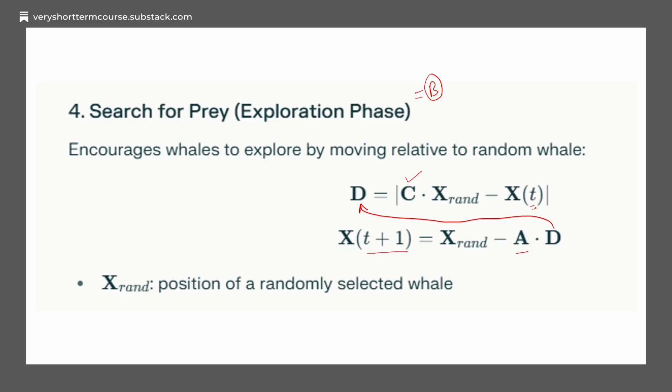And remember, this C and this A are the same C and A as in the encircling phase. Of course, at each iteration, new values of C and A are generated, as you have already seen in the coefficient vector slide, where I mentioned the formula to find capital A and the formula to find capital C. Okay.